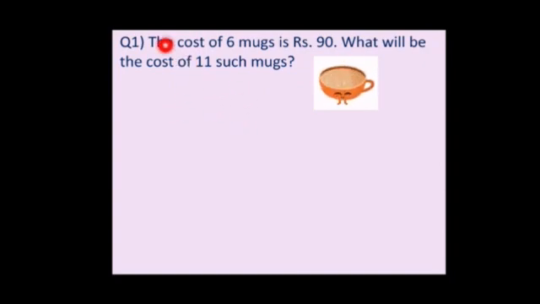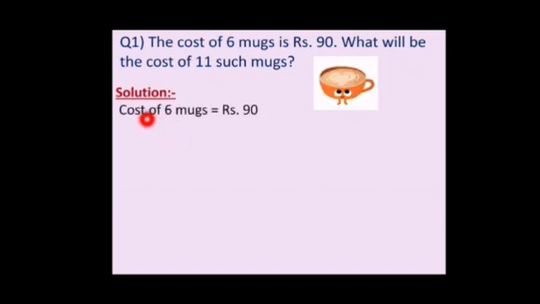The unitary method says that first we have to find the cost of 1 mark. Then after that we will find the cost of 11 such marks, because the cost of 6 marks is given to us. So what will we do as per the unitary method?